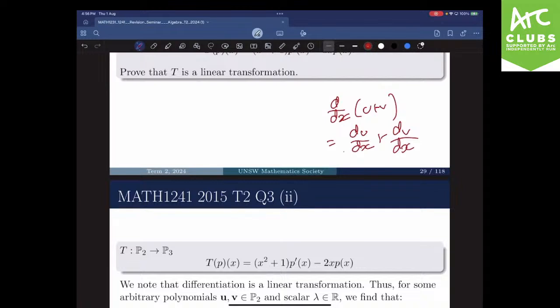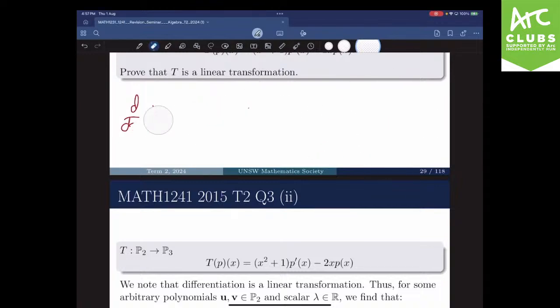And also if we differentiate something multiplied by a scalar, d/dx of λu, we can see that this is just λ times d/dx of u. So it also preserves scalar multiplication. So we observe that differentiation is a linear transformation.